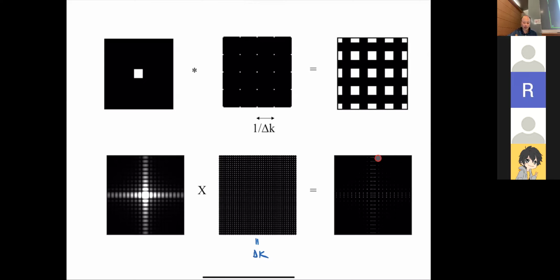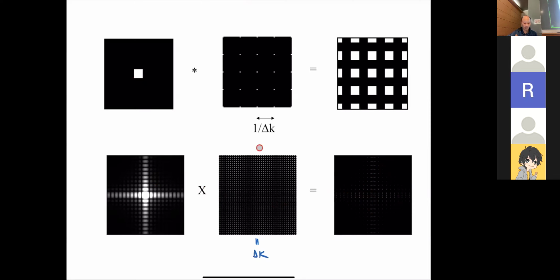This is all I have for the computer, these samples. So if I take the inverse transform of all these samples, what am I going to get? Going back to Fourier theory: I multiplied in the Fourier domain, so I must convolve in the image domain.